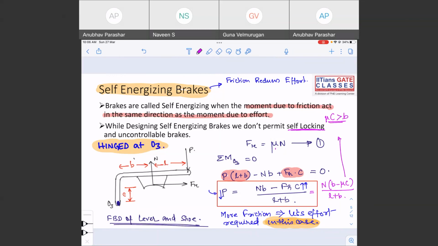You will require no effort to break the system. This is called self-locking.